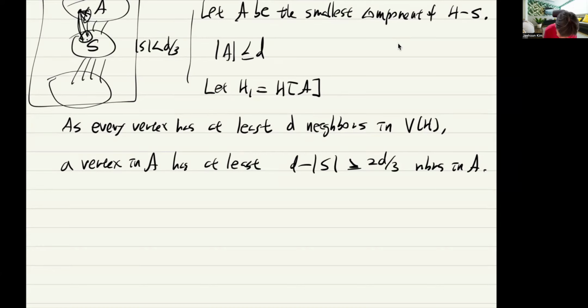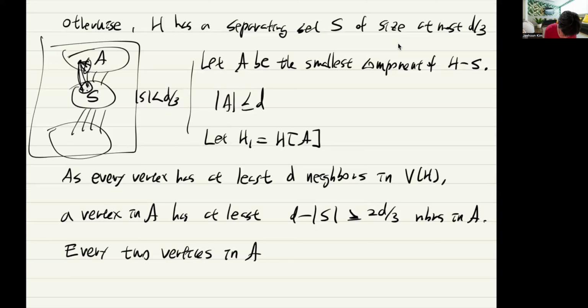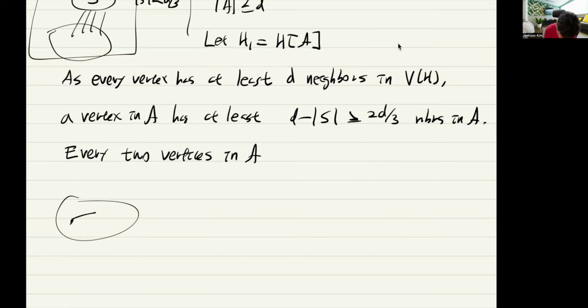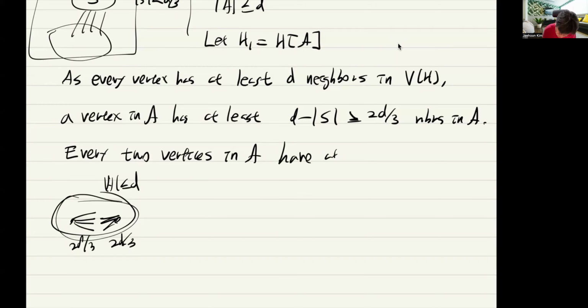Because of that, every 2 vertices in A, it sends a certain number of edges, 2D over 3, and this sends 2D over 3. But the entire set A has size at most D. So they have at least 2 times 2D over 3 minus D, which is D over 3 common neighbors.